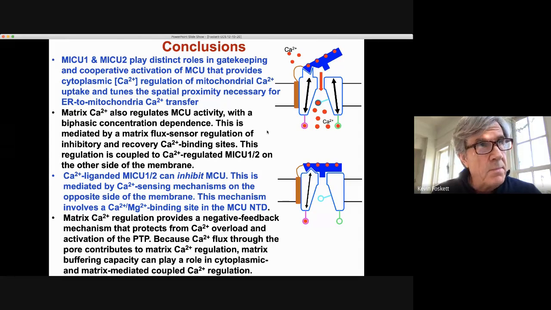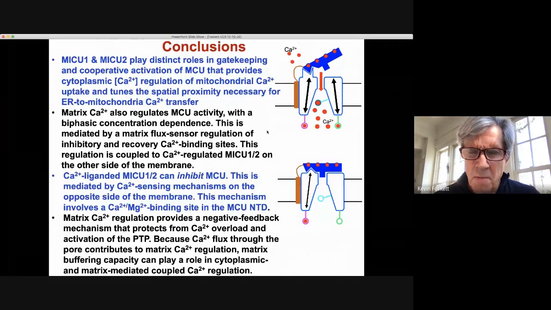Horia Vais could speak to that most clearly. The way we define the MCU-mediated calcium current is by its inhibition by relatively low concentrations of ruthenium red. There still is a background current, and it's very small by comparison with the MCU current in the cells that we've looked at, but we haven't explored what that current is.